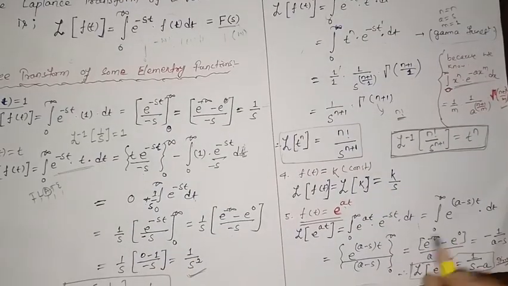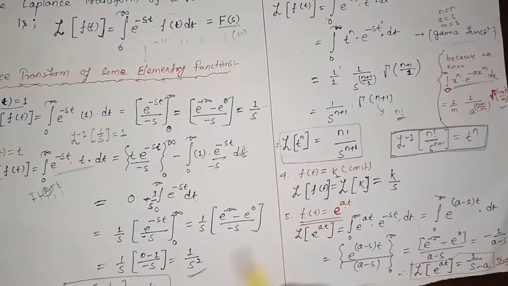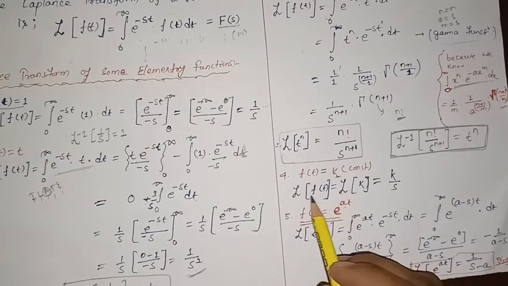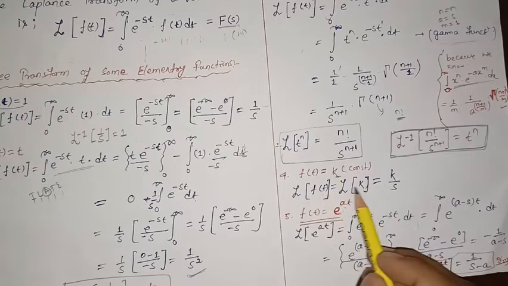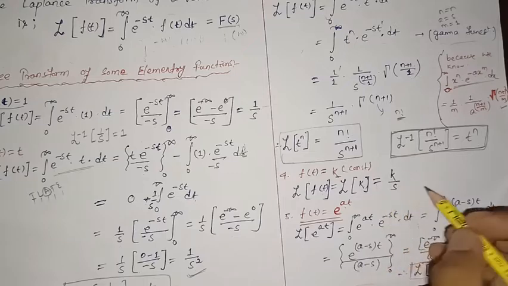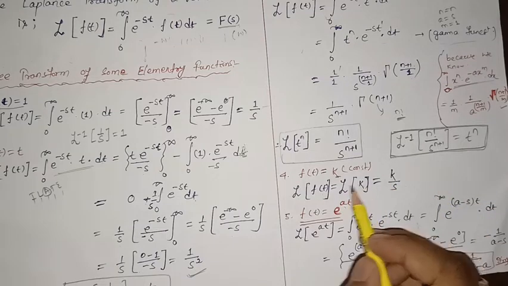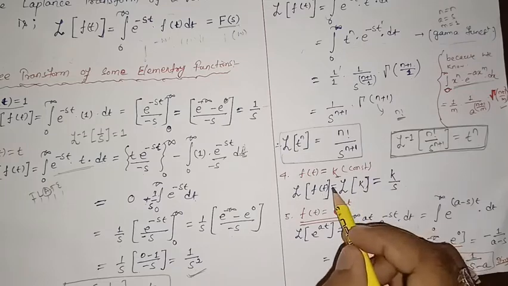Now we are going to go for another function, which is a constant k. See, the Laplace transform of the function f(t) equal to k, that means the Laplace transform of k, I directly wrote as k by s. Here you can see why: you just take k common outside, this is a constant taken outside.